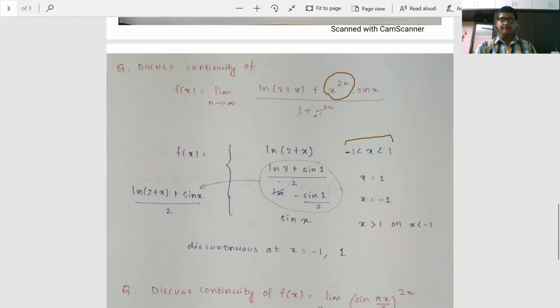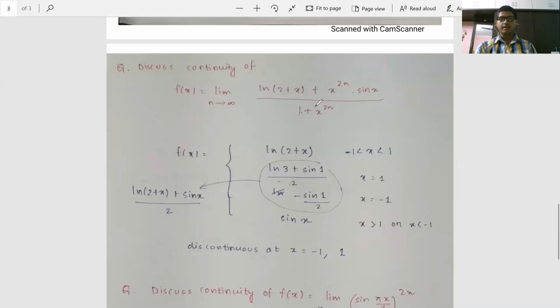Let me repeat again. Since n is tending to infinity, if x to the power 2n is going to tend to infinity, then the limit value would be simply sin x by 1, because the coefficient of x to the power 2n is sin x, and 1 in the denominator. But if this stuff is tending to 0, then the value of f(x) is going to be ln(2 plus x) by 1, because those terms would be tending to 0.